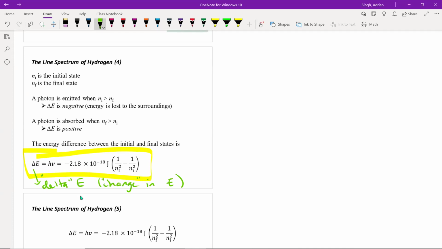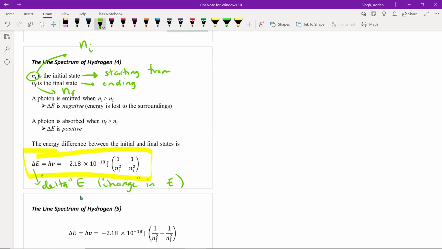We have an initial state. Initial state, as the name suggests, is where we're starting from. And then the final state is where we're ending. Okay, so the initial state is denoted as n subscript i. So ni is initial, and then the final would be nf, n subscript f.